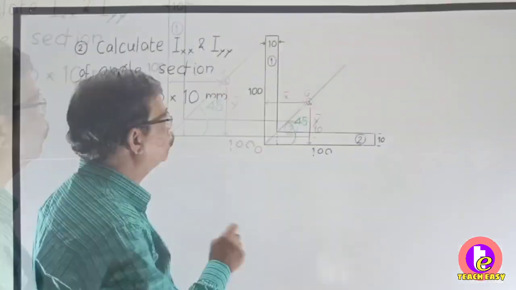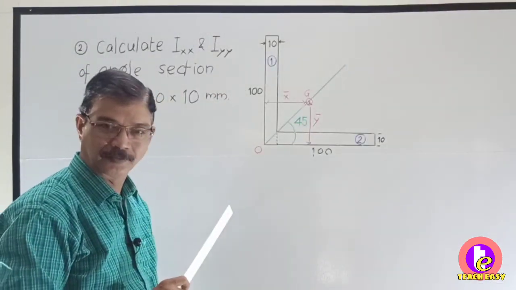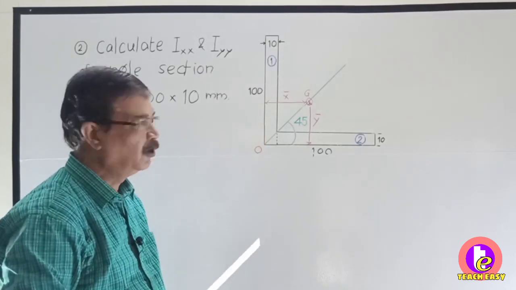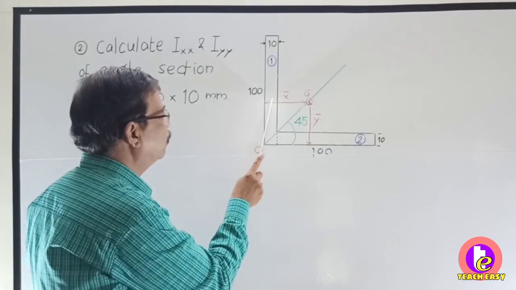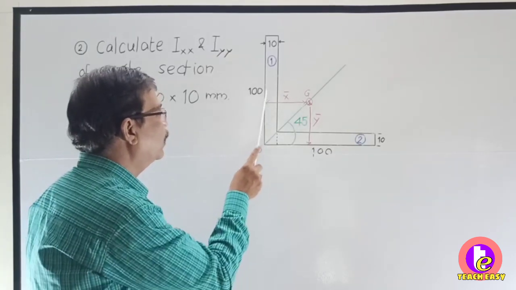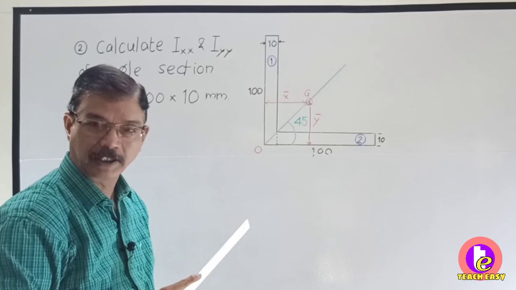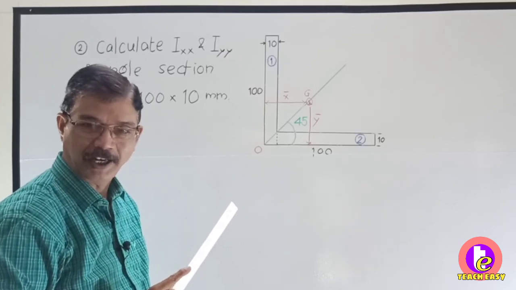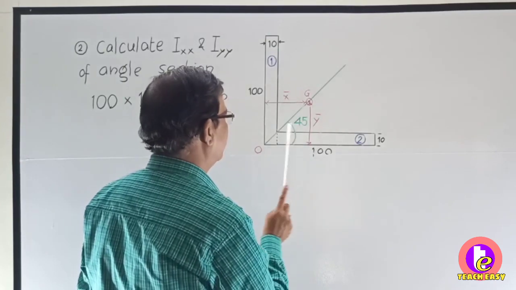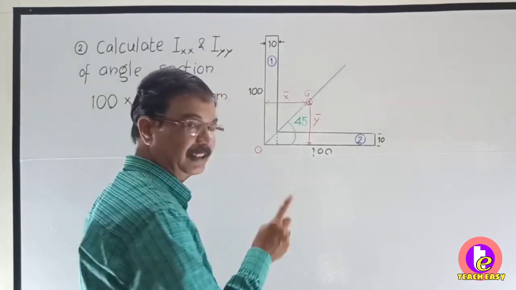So for x bar, what is A1? 100 into 10. What is x1? 10 by 2, because this is origin. What is y1? 100 by 2, that is 50. Okay. This second part, now what is this distance? 100 minus 10 means it is 90.